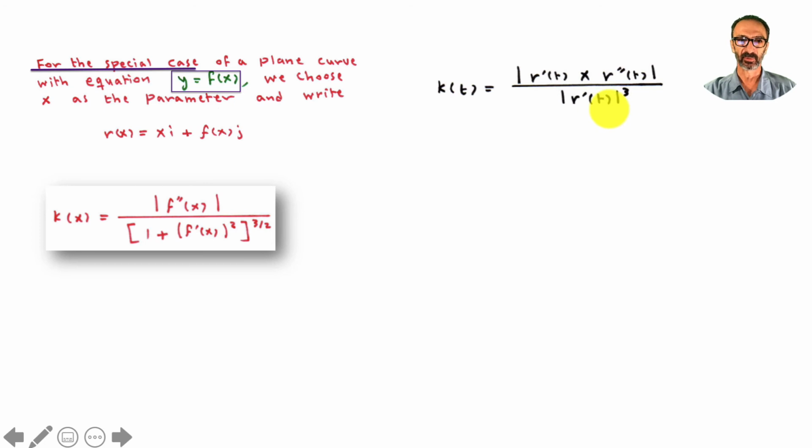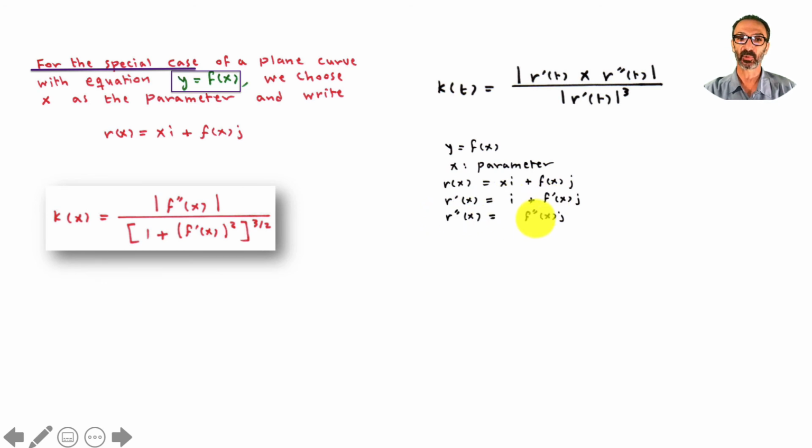So we know this formula, right? Y is f of x. X is my parameter. r of x is x i plus f of x j. r prime is 1 i plus f prime j. r double prime, the i part is 0 because it's just 1, a constant.